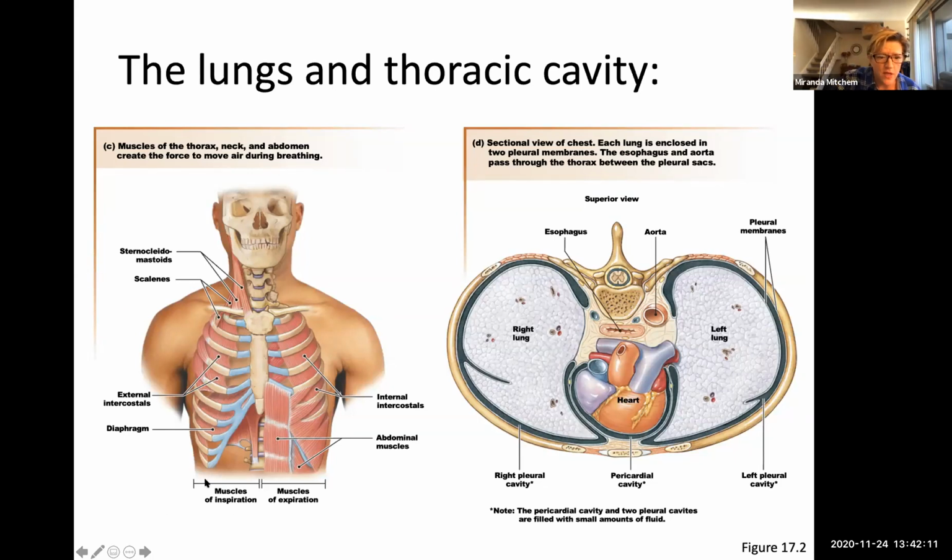So our muscles of inspiration include the action of the diaphragm, and then the external intercostals, which run kind of downward in an angle through our thoracic cavity. It does include the sternocleidomastoids that run in the neck. And actually an indication that a person is having respiratory distress is that you see these muscles working harder than they should.